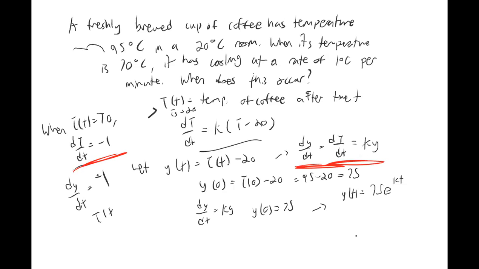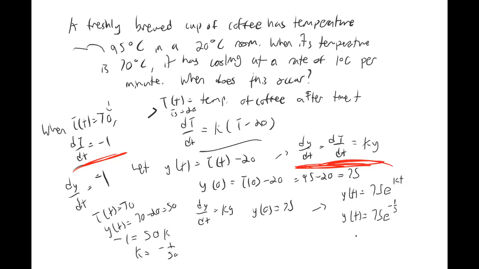And when T of t is 70, what is y of t? Well, y of t is T of t minus 20, so 70 minus 20, it's 50. So I have -1 equals 50k from the red underline equation right here. So k is -1/50. So I get y of t is 75 e to the -1/50 t.